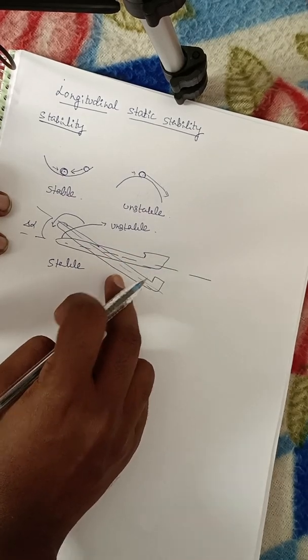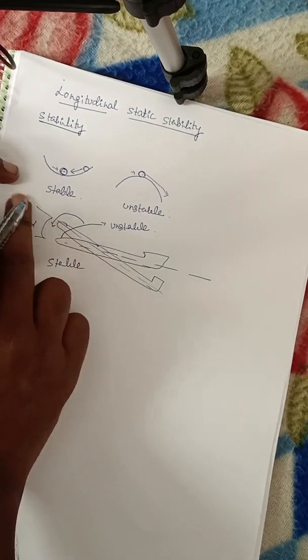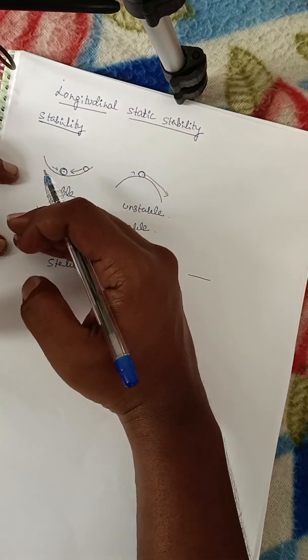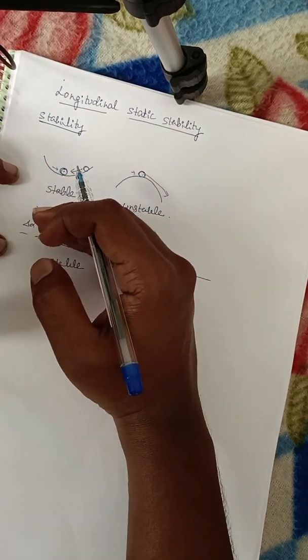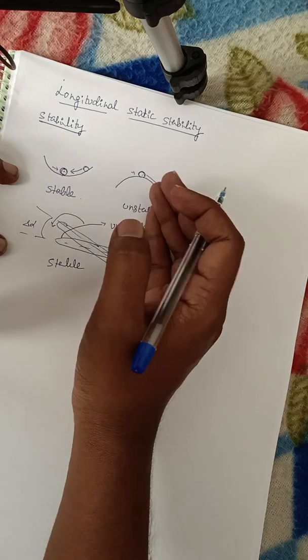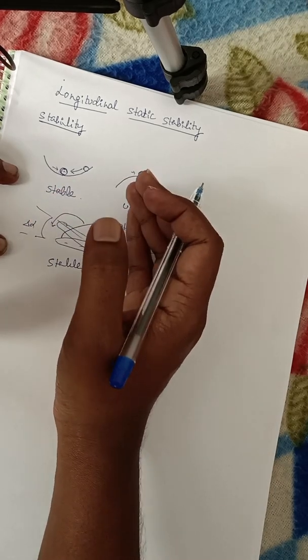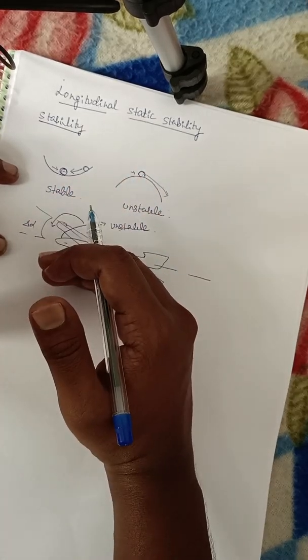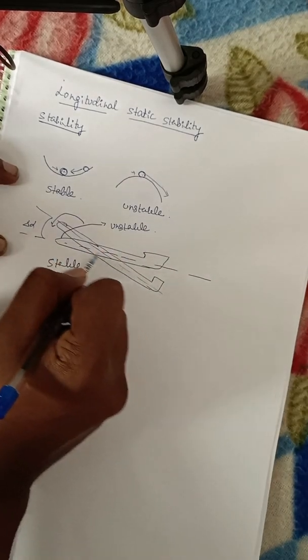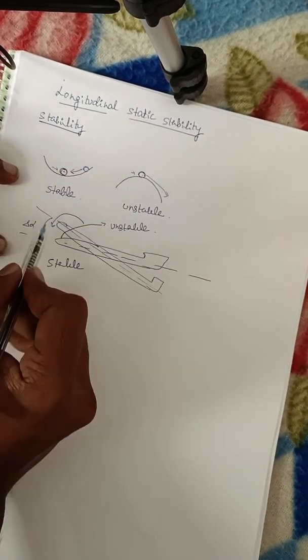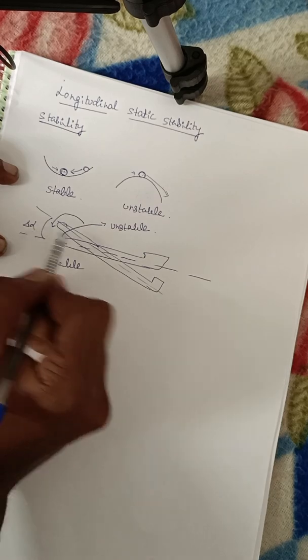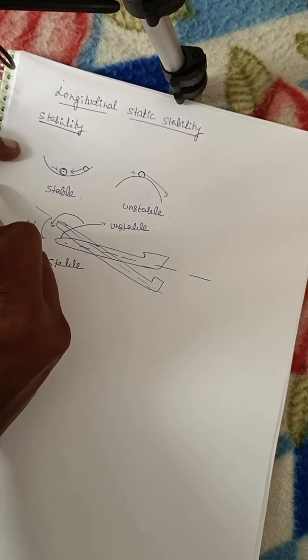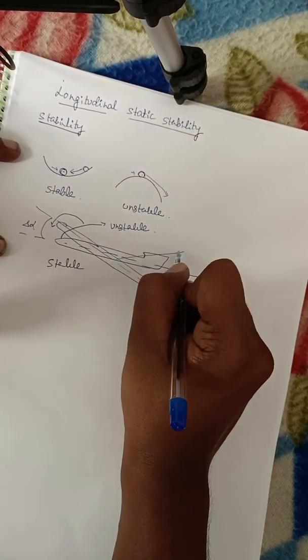Or if it tends to continue in the new position only, it will not come back to its original position and it will not go away from this new position, then this is called neutrally stable.